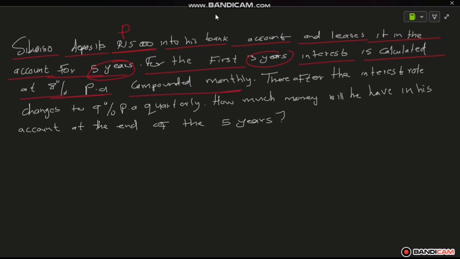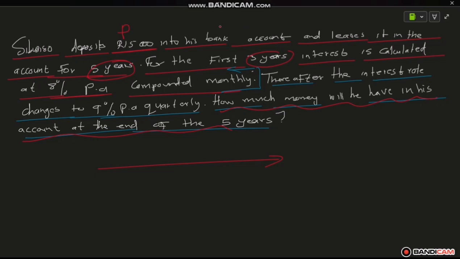This information is for everything that we are having from the Sibusiso guy. Thereafter, the interest rate changes to 9% per annum quarterly. Then how much money will he have? It tells us that we must move his money forward. I hope it makes sense.